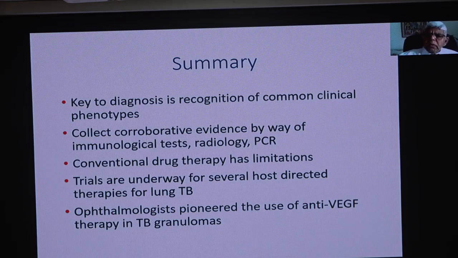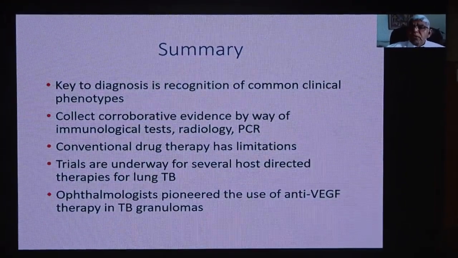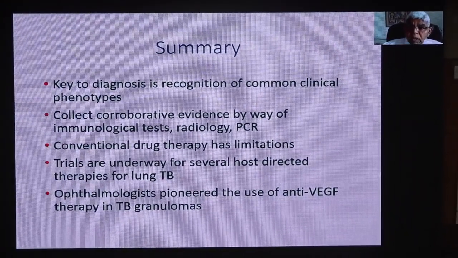And nowadays, for pulmonary tuberculosis, a number of trials in the last couple of years are underway for several host-directed therapies. I have just given you a brief glimpse of the kind of strategies, including doxycycline, statins, anti-VEGF agents, or vitamin D3.